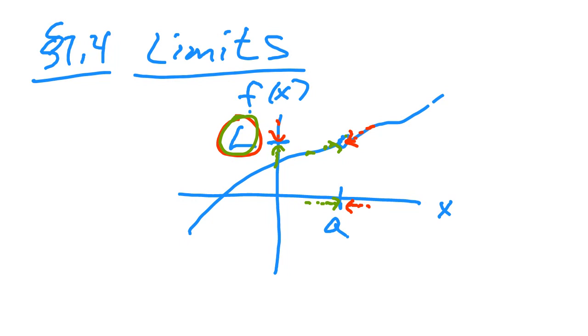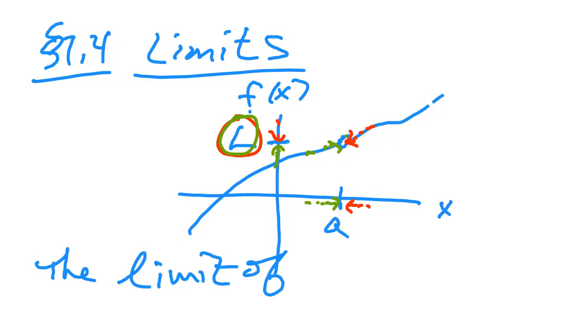So what is a limit? It's the height of a function as you approach a specific x value. So the limit of a function is a height that the graph approaches. When I say function, I mean the graph or the sketch.